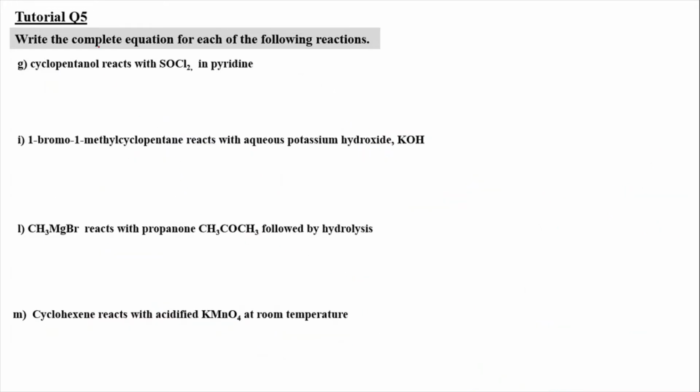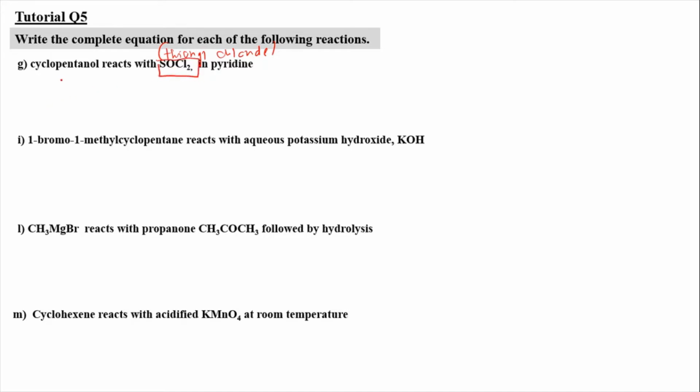Now we're going to proceed with the same question, question 5, but the new letter, which is cyclopentanol reacting with SOCl2 in pyridine. SOCl2 here is known as thionyl chloride. You need to know the name here because sometimes in the exam they will straight away ask you to react with thionyl chloride, so you need to know the structure, which is SOCl2.